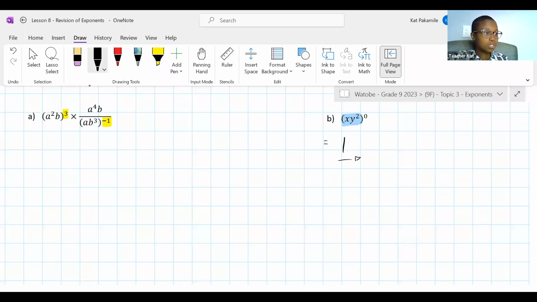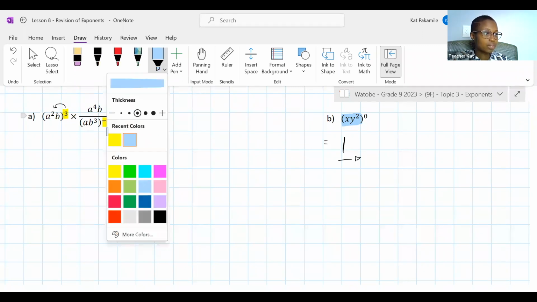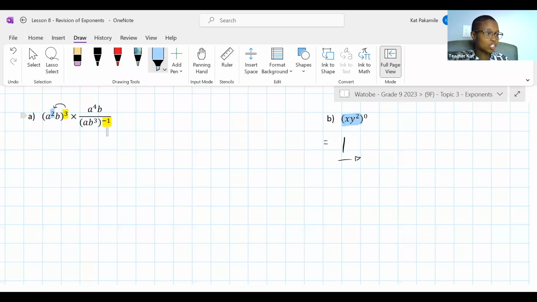So what happens when we distribute it? If you take this 3 and give it to A, what happens when it gets there? We have to times it with what? With this one that's already up there. There's already a square on A. Do you agree? Yes, ma'am.